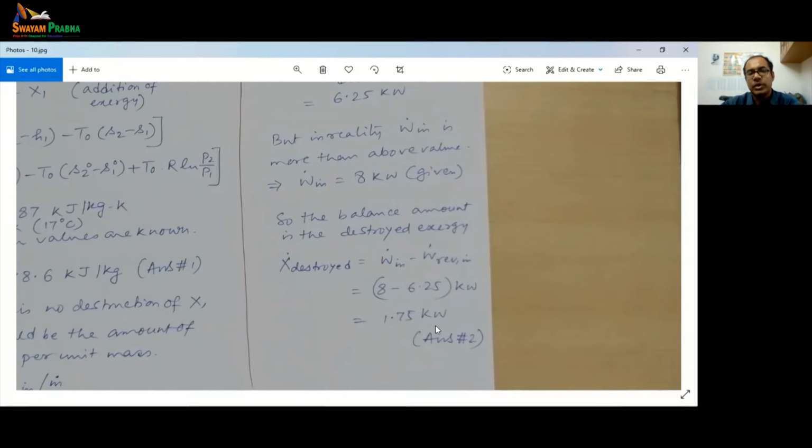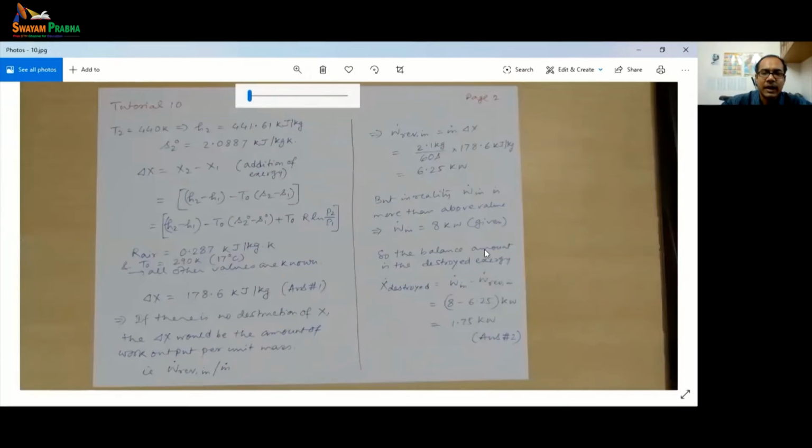That means 1.75 kilowatt. This is a flow system that we have taken, and two things were asked: what was the exergy change in the system as it goes through the compressor, and what is the rate of exergy destruction in the compressor. Both of them we have found out.